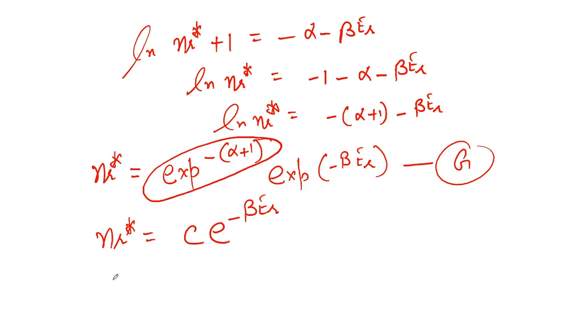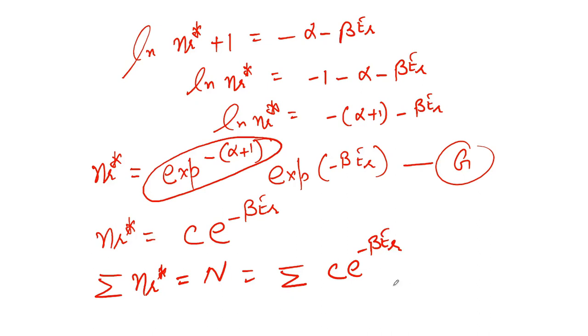And second, we know that the summation of nr star is equal to capital N. Therefore summation of nr star we can write as summation of c e raised to power minus beta into er, and from that we can find the value of c.